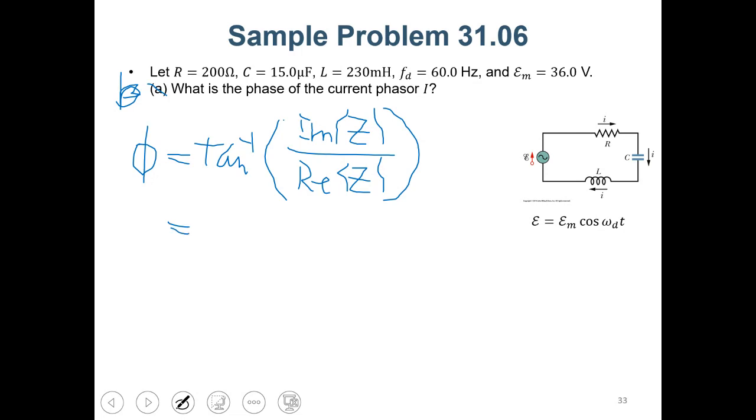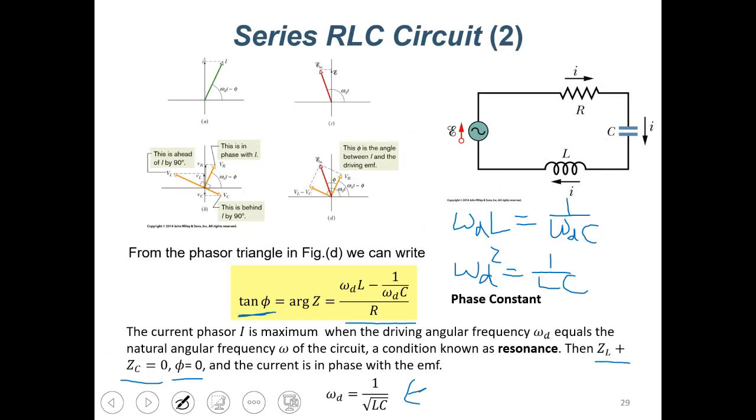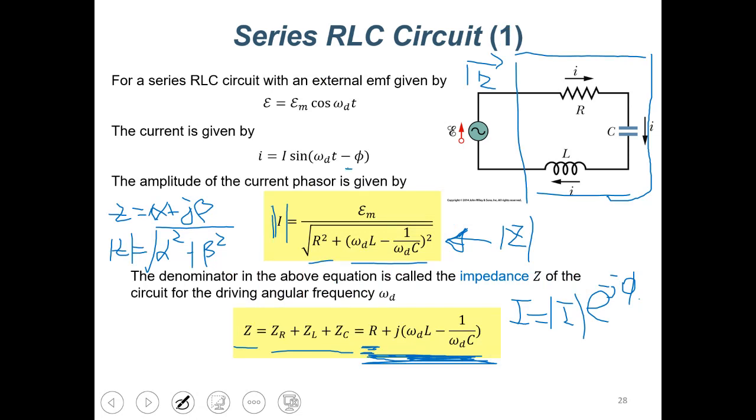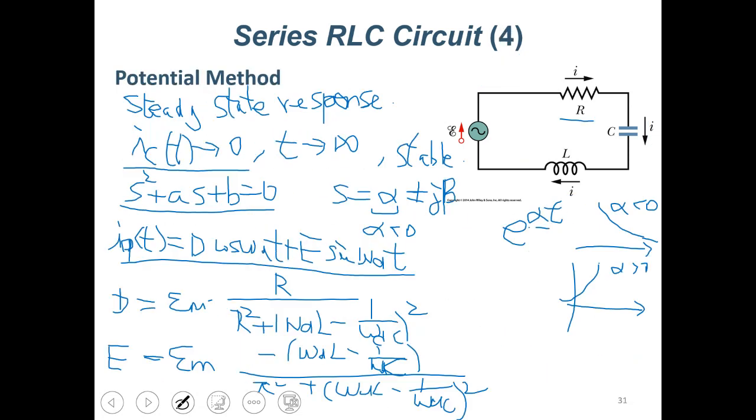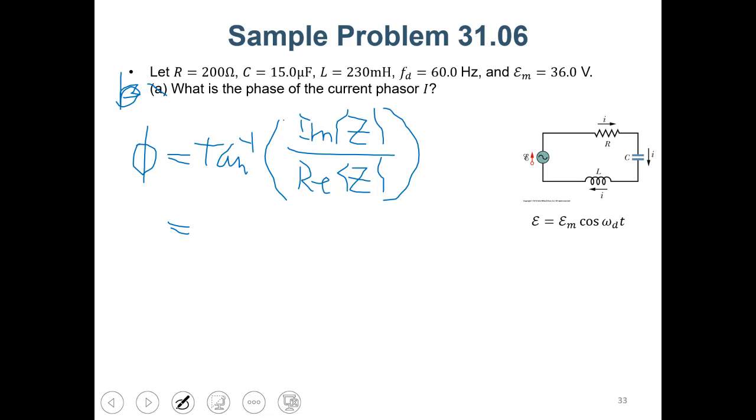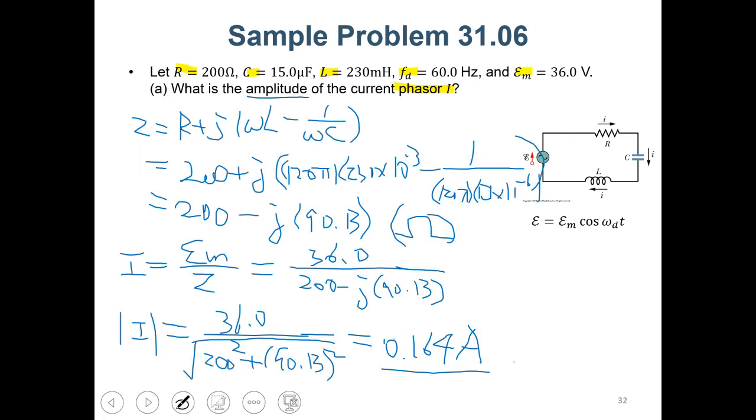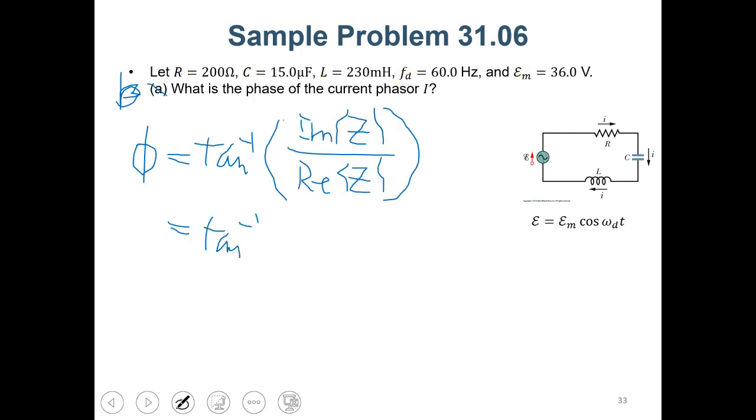Because we have the minus sign here, phi will be minus 90.13 over 200, and then take the arctangent.